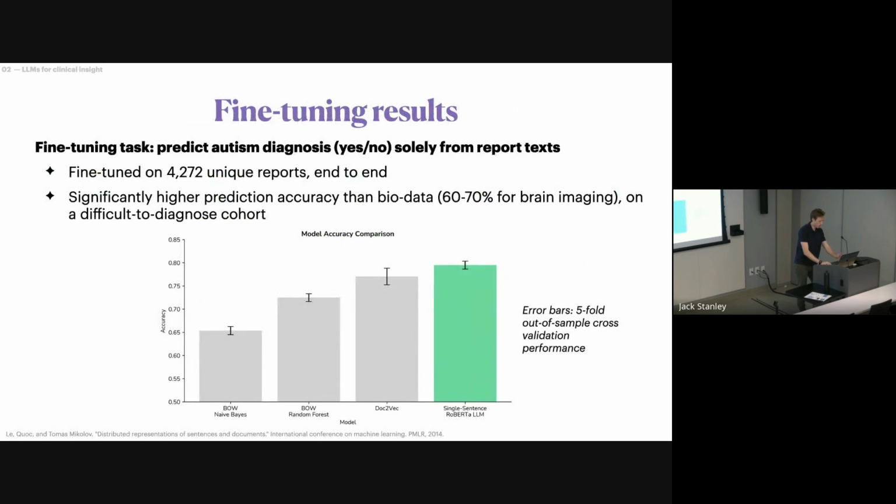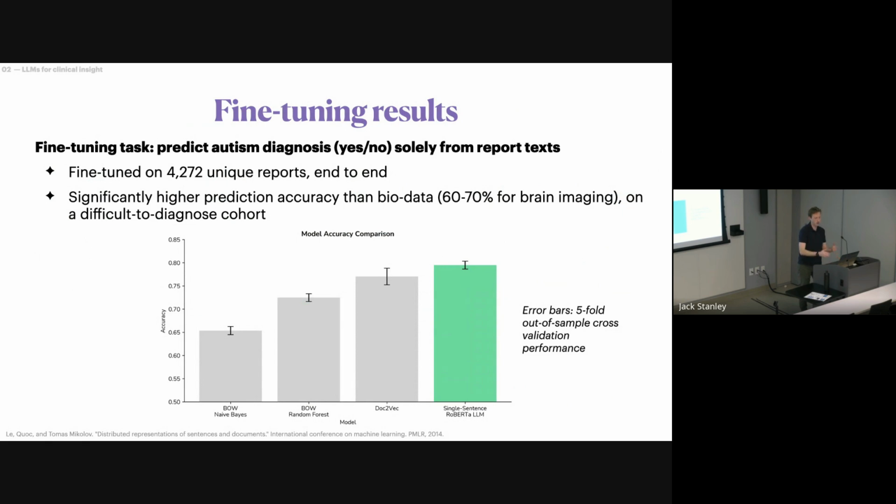But first, the fine-tuning results were significantly superior to what was typically found with biodata. So we got nearly 80% diagnostic accuracy here, fine-tuned on only a little over 4,000 reports. This might not seem like a lot in a machine learning context, but in a biomedical context like this it's actually quite a large study.